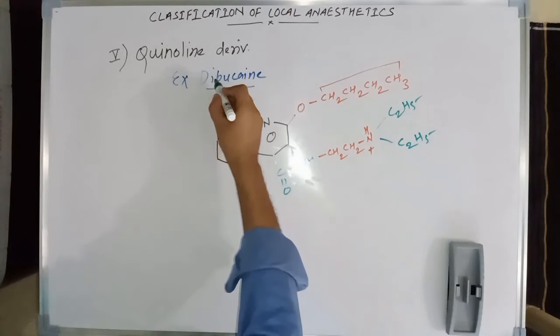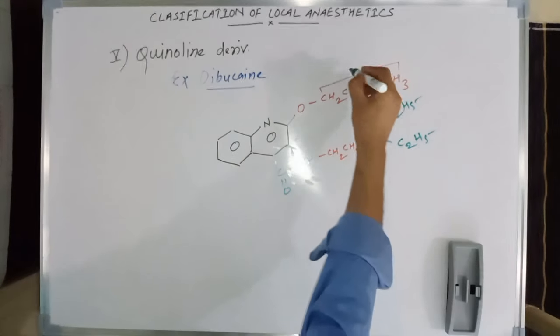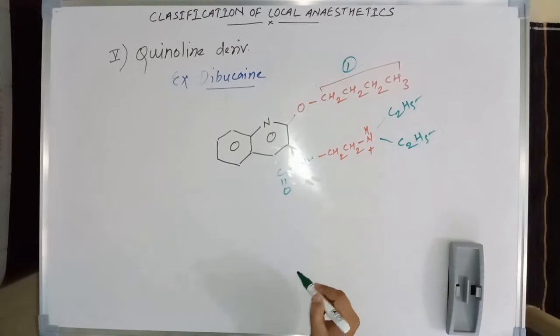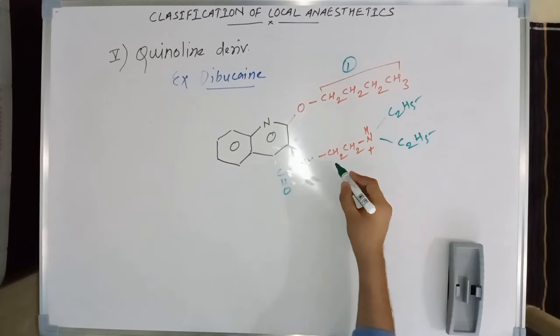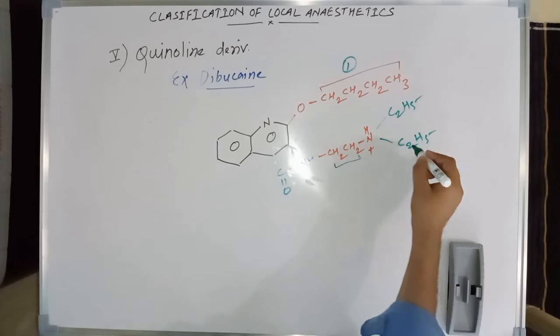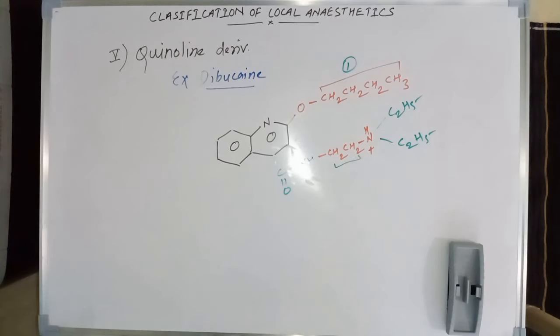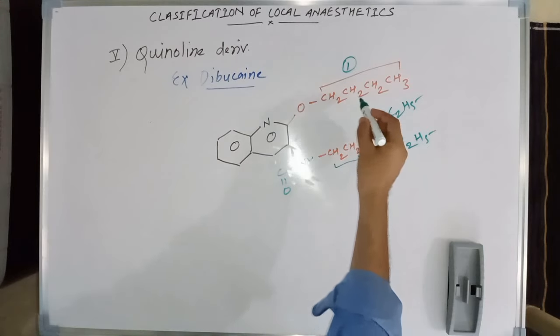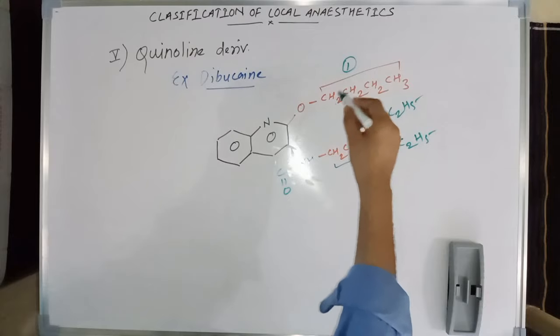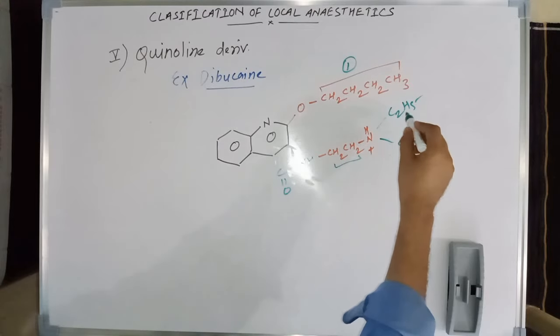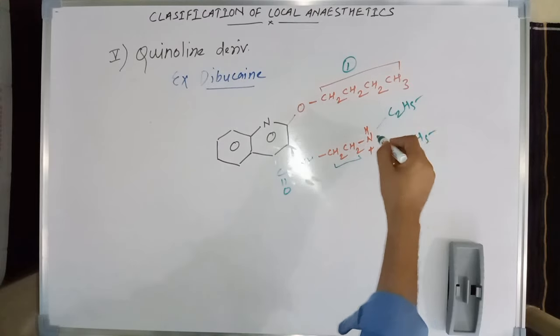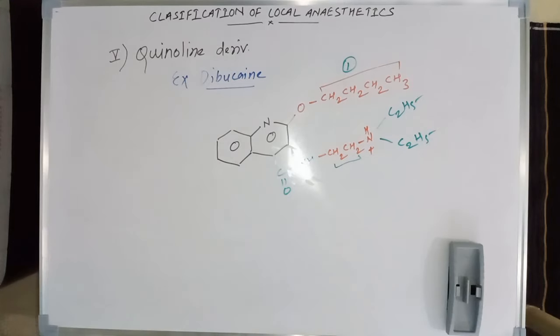So dibu means two butyl. One butyl is this, and the second is not a butyl but this 2 carbon and 2 carbon, 4 carbon species, a diethyl group, present on this nitrogen. So this is your dibucaine.